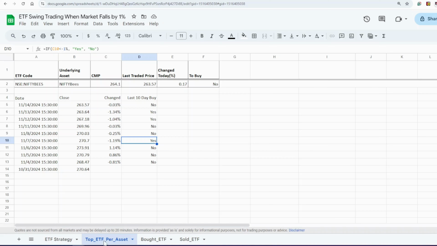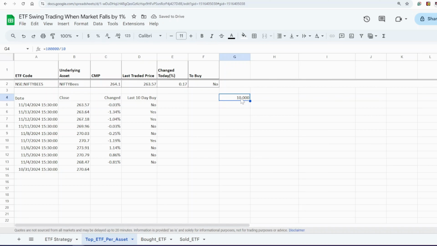Every time the market has gone down by minus 1.34%, you will buy for 10,000 rupees. If you have 1 lakh, you divide it by 10 and get 10,000.